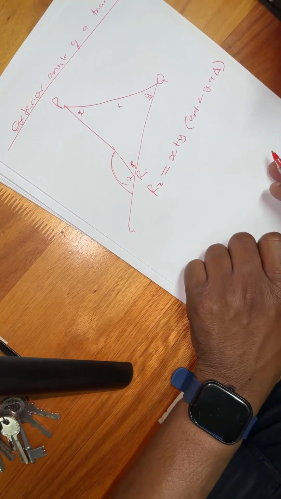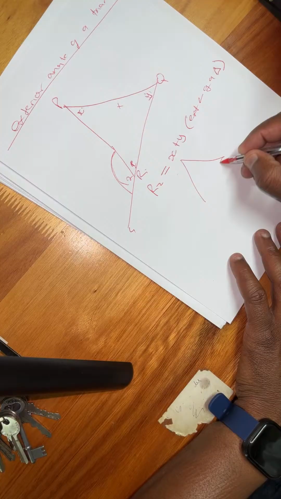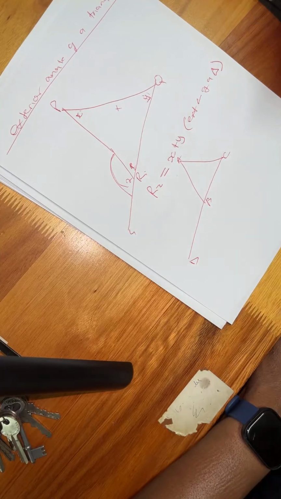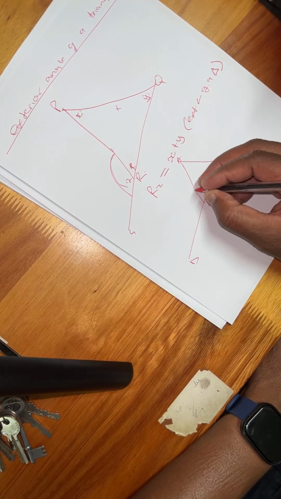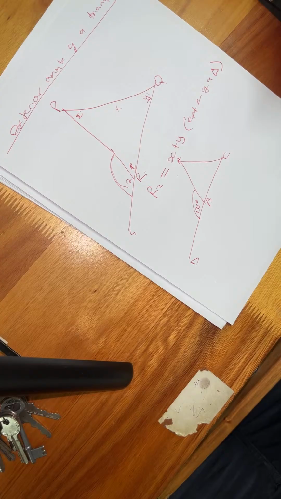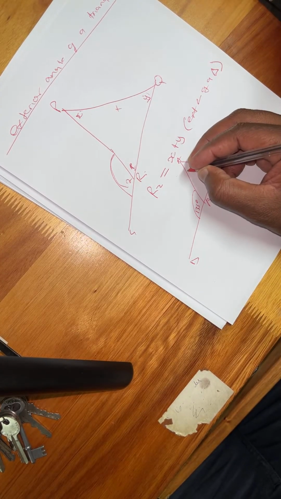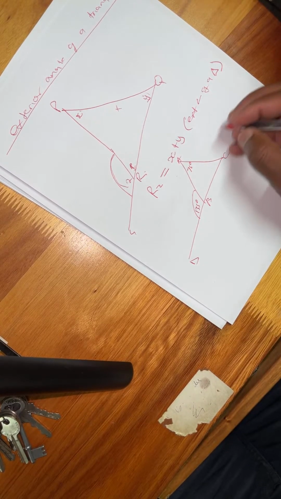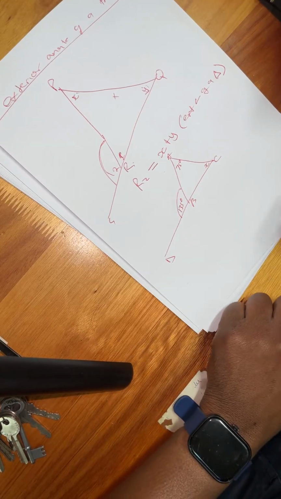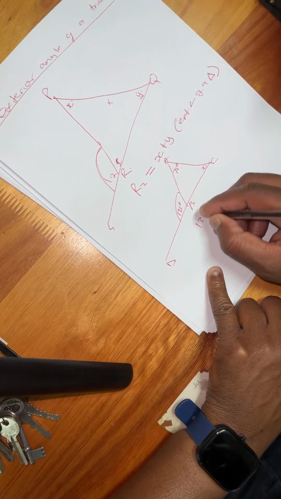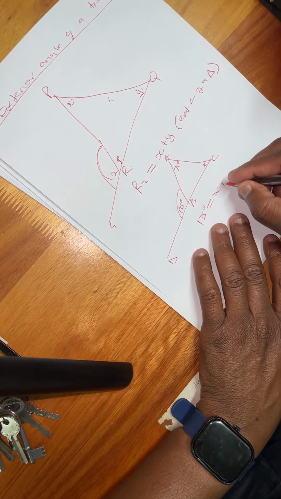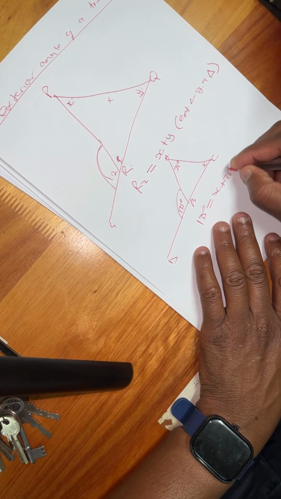Meaning that if ever you are given A, B, C, D, and this is 135 degrees, and then you are told that this is 75 degrees, determine the value of X. To determine the value of X in this case, you are going to say 135 degrees is equal to X plus 75 degrees.